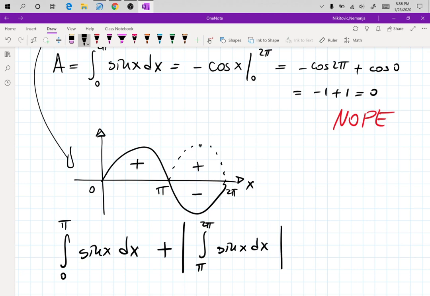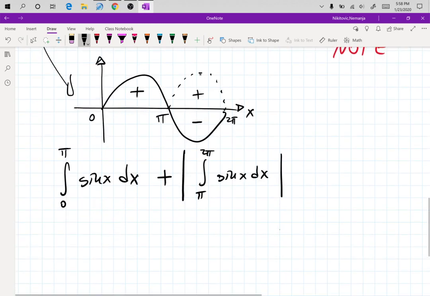And that's how in Calc 1 you fixed your negative areas. Now, this could be x cubed, it could be any other function that dips below the x-axis, it's okay. You just put the piece that is below the x-axis into absolute value to make the value positive.